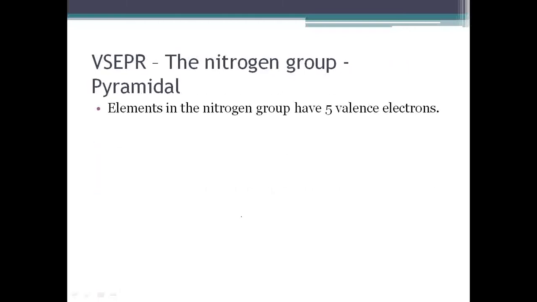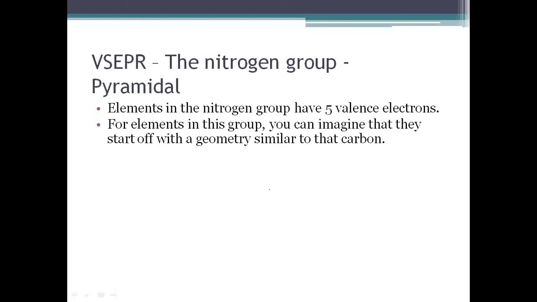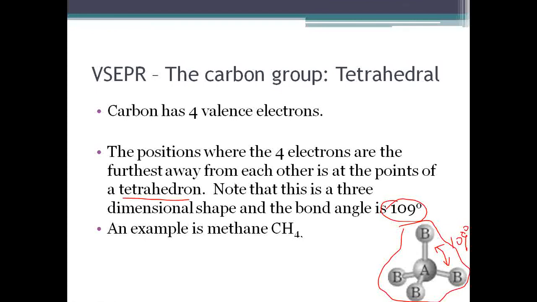Okay, now let's go and have a look at nitrogen. Now nitrogen looks kind of weird here. The best way to explain it is to actually think about what carbon looks like. Now if I go back here and look at carbon, can you see I've got a central carbon and then there's my hydrogens there, because I'm considering methane in this instance, CH4.